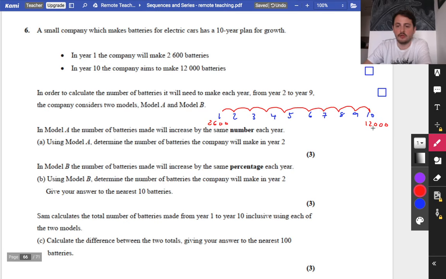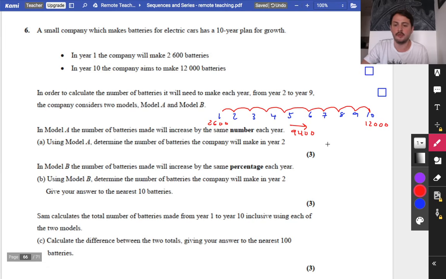So the number of increments it's actually going to do is 1, 2, 3, 4, 5, 6, 7, 8, 9 increments. So to work out how much each increment is going to be, well, this overall increment from here to here is 12,000 minus 2,600, which is 9,400. So the overall increment is 9,400, and there are 9 of these jumps going up.